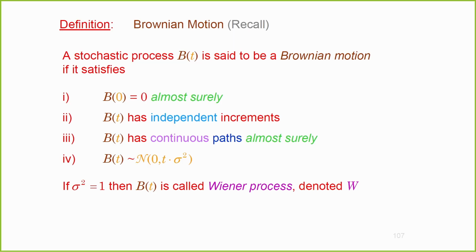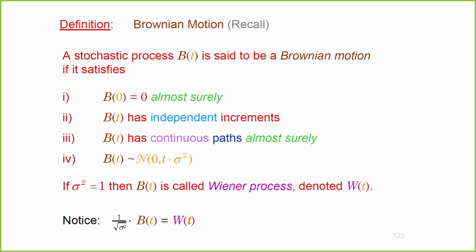We're going to denote the Wiener process by capital W at a time point t. And we also established the relationship between the two. So 1 divided by the square root of the variance, times the Brownian motion, is going to be the Wiener process. So this is a way of standardizing a Brownian motion.